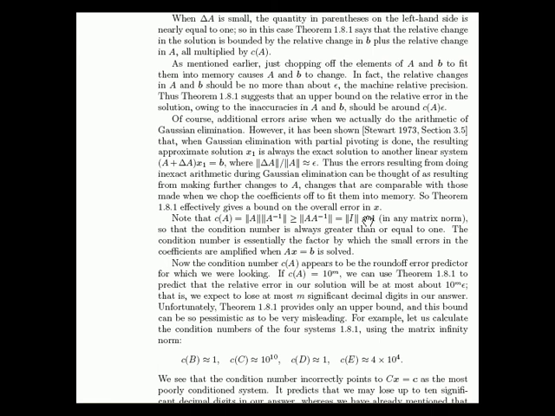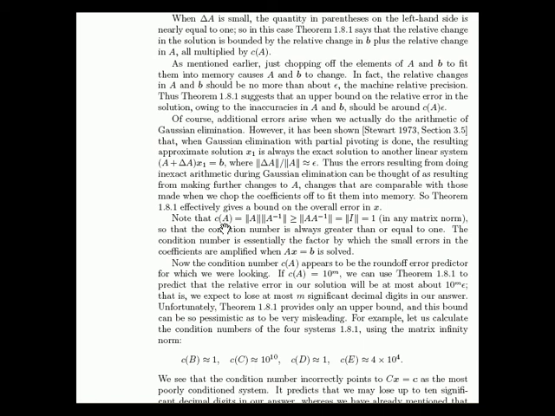If the condition number is 10 to the 10th and machine precision is 10 to the minus 15 or so, then you can expect a relative error in X on the order of 10 to the 10th times 10 to the minus 15th, which is 10 to the minus 5. So basically you lose 10 significant digits. We're talking about double precision on MATLAB, of course.